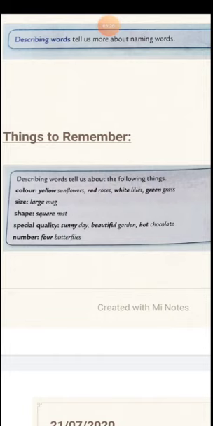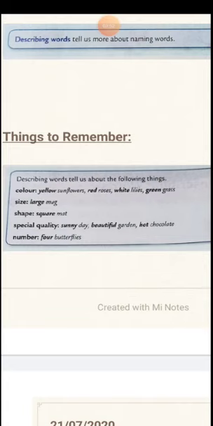So, how do we say it? Yellow sunflowers. What quality comes to your mind? Do they look beautiful or ugly? They look beautiful. So you say beautiful sunflowers. So the words beautiful and yellow are describing words for this naming word, that is sunflower.